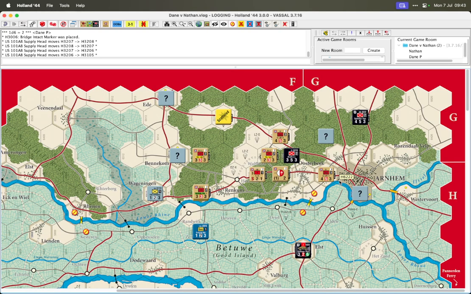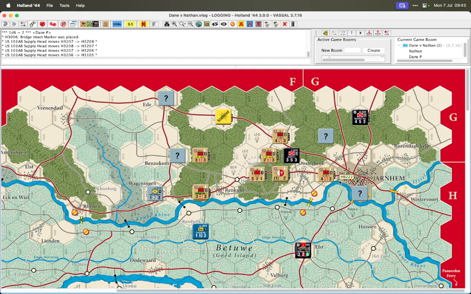Because it has the ability to negate a bad die roll modifier if you are landing Polish troops at it. Because you can't take replacements unless you can trace to it. Got it.